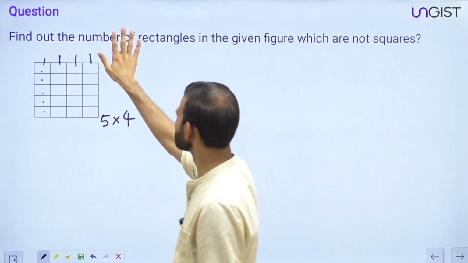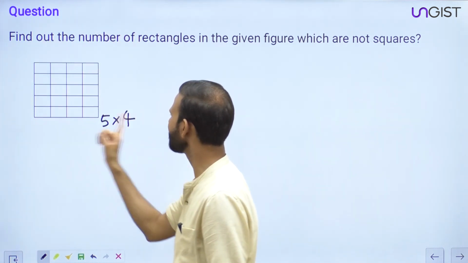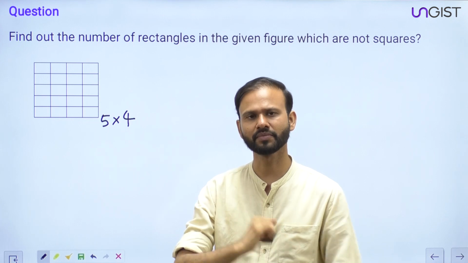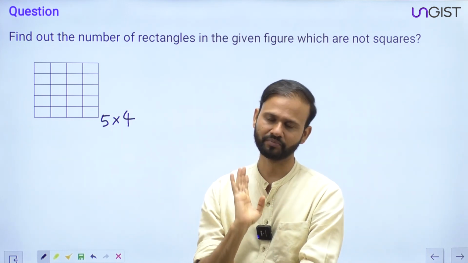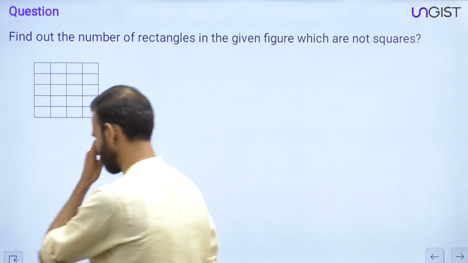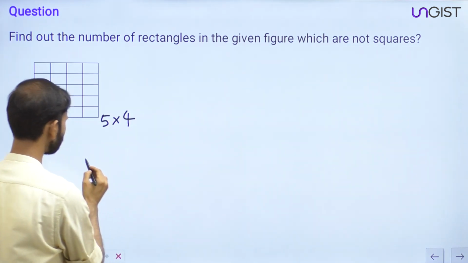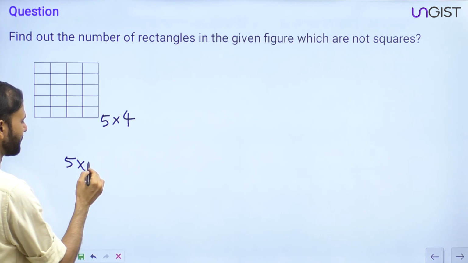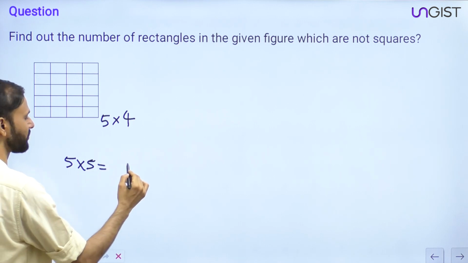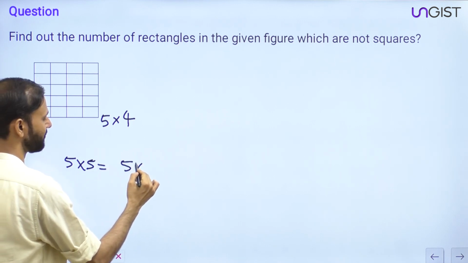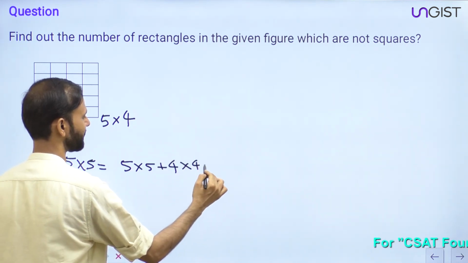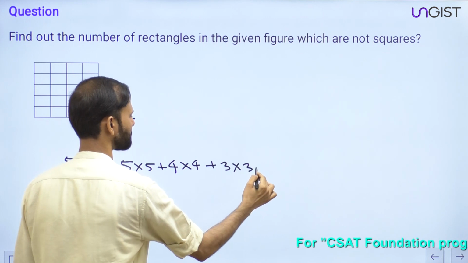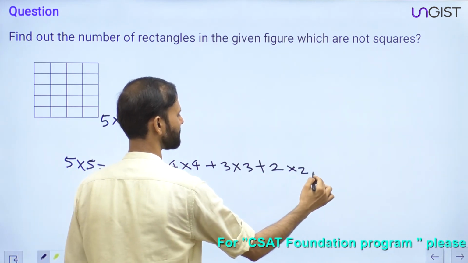Everyone, in this figure we need to find the number of squares, so see how to find it. Suppose it is exactly 5 by 5, then what we do is 5 into 5 plus 4 into 4 plus 3 into 3 plus 2 into 2 plus 1 into 1.